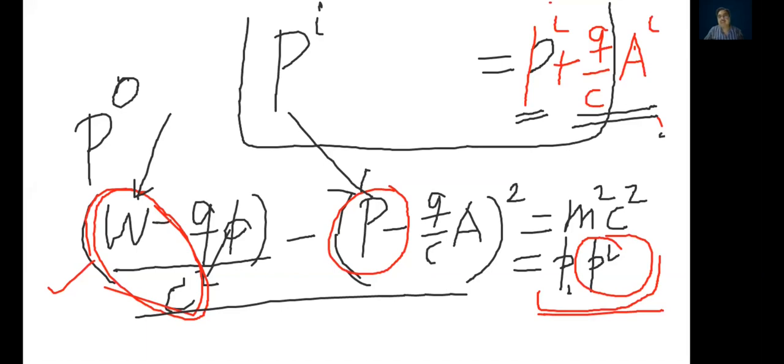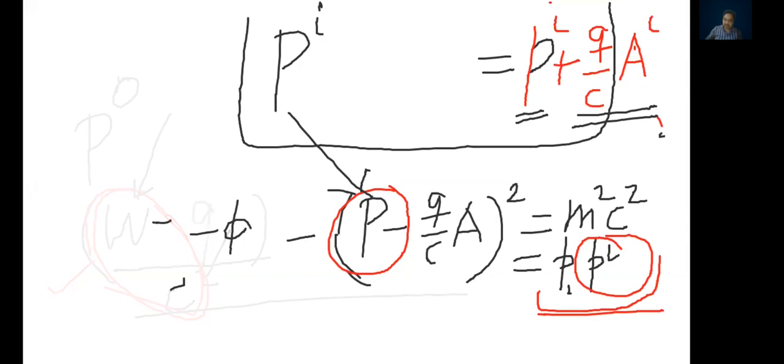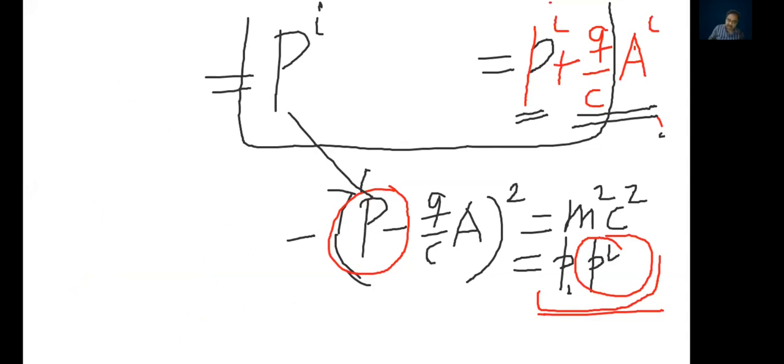It was not a scalar even when the particle was free. It will not be a scalar even when the particle is now interacting with some electromagnetic field. Is the time component of this. So at the most you can say that this is the statement which you can make, that it is the time component of this.